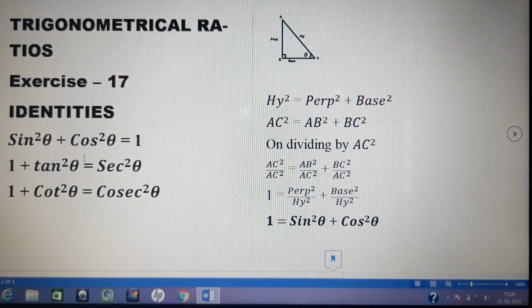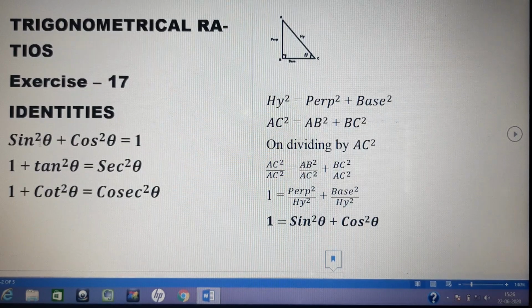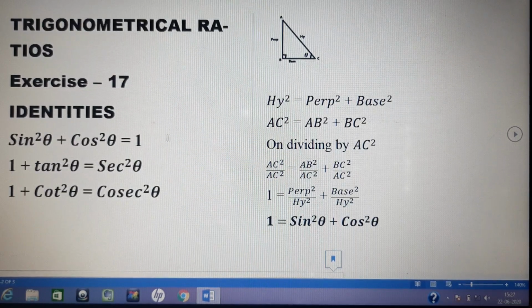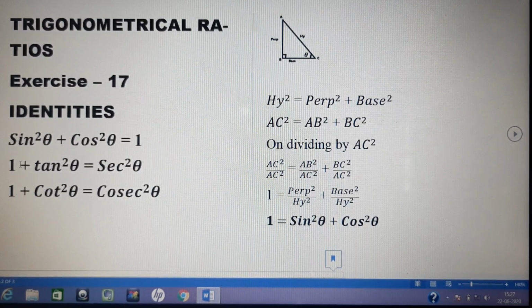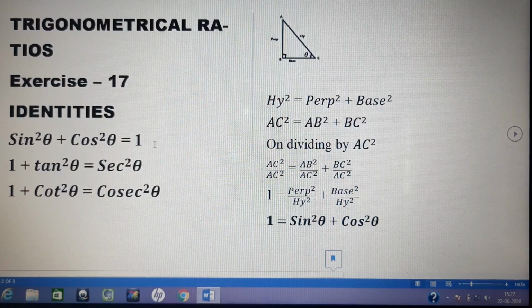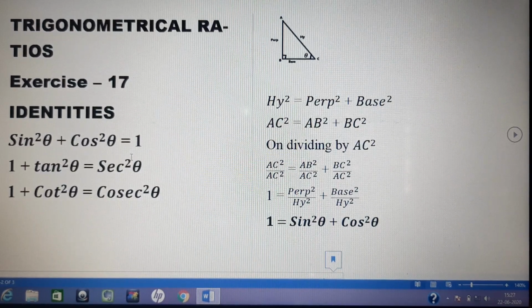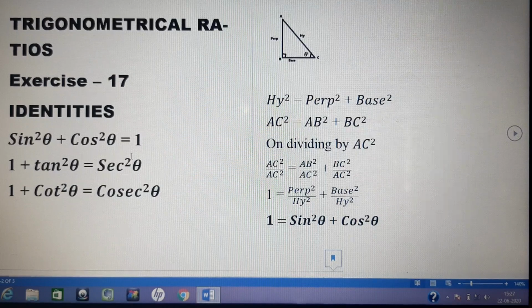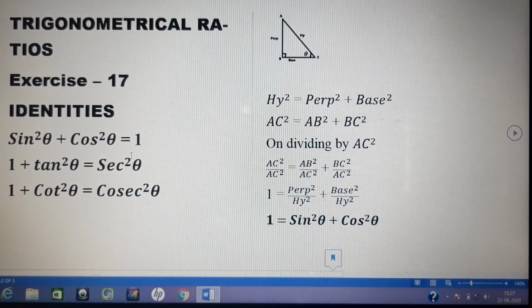Are you getting it? You have to learn them by heart. Because we do not use them the way they are written. We do not use them as sin square theta plus cos square theta is equal to 1. As I have already told you, when we write sin square theta, we read it as sin square theta and we write it as sin, then square, then theta.